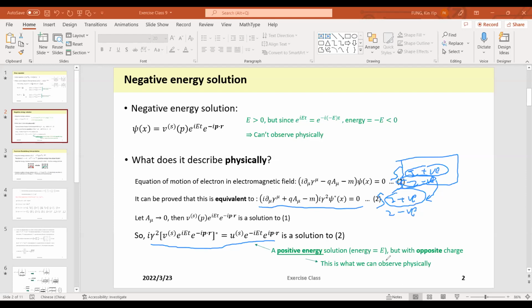Okay, then why do we choose to keep the energy being positive instead of saying that it has negative energy but with the same charge?